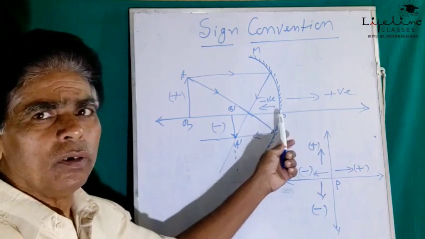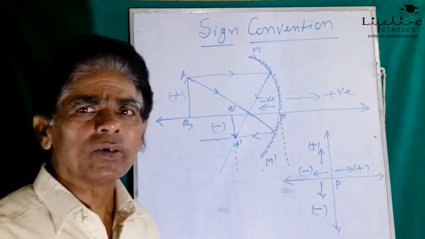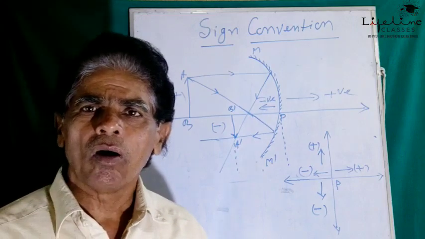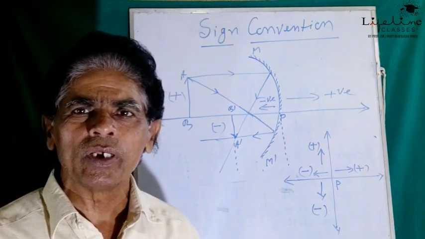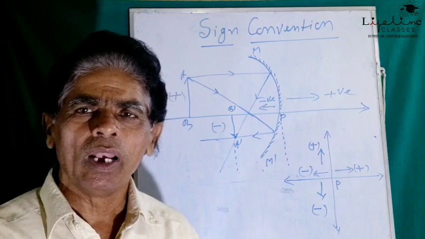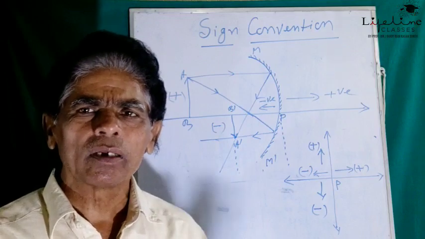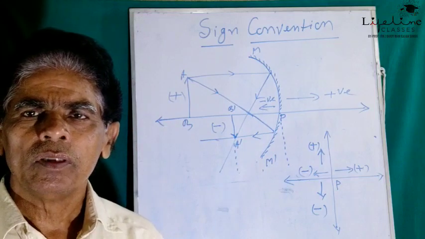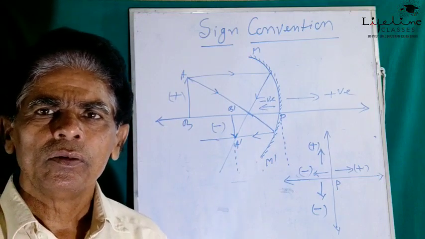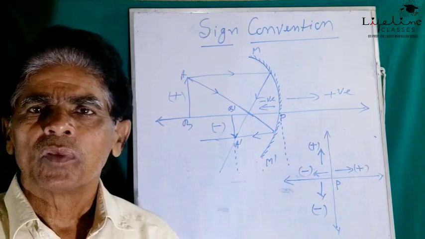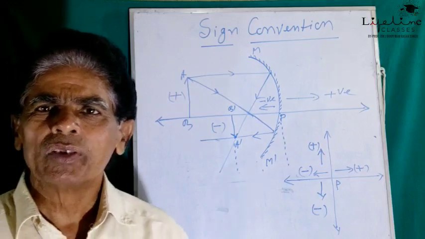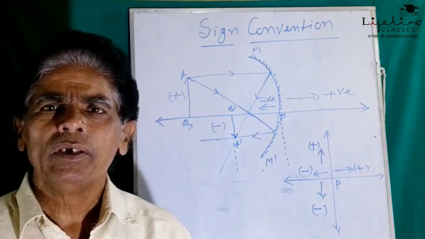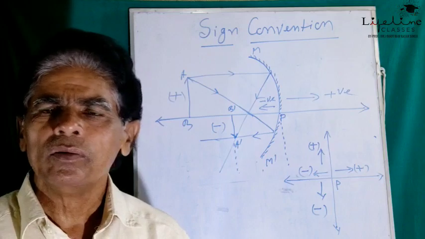So we should measure the distance, either the object distance or the image distance, focal length, radius of curvature, whatever be the parameters, the optical quantities have to be measured with respect to the pole.